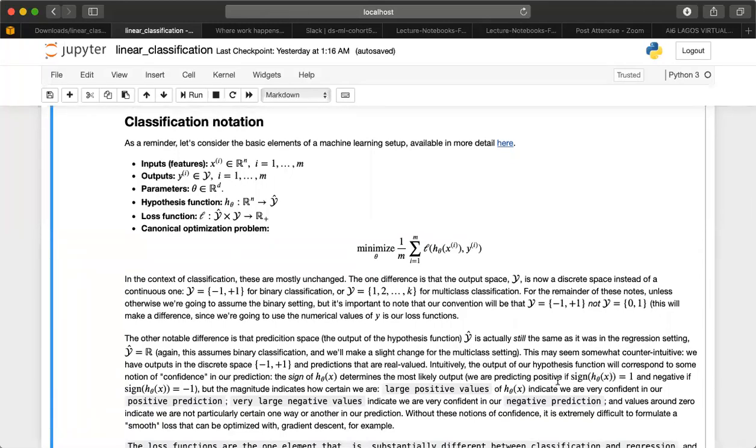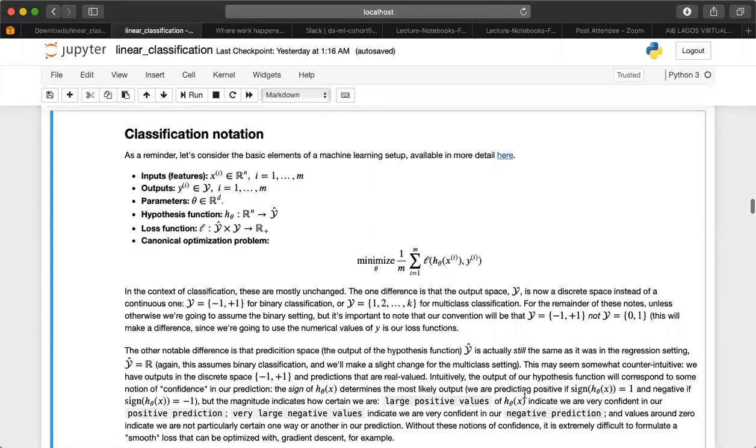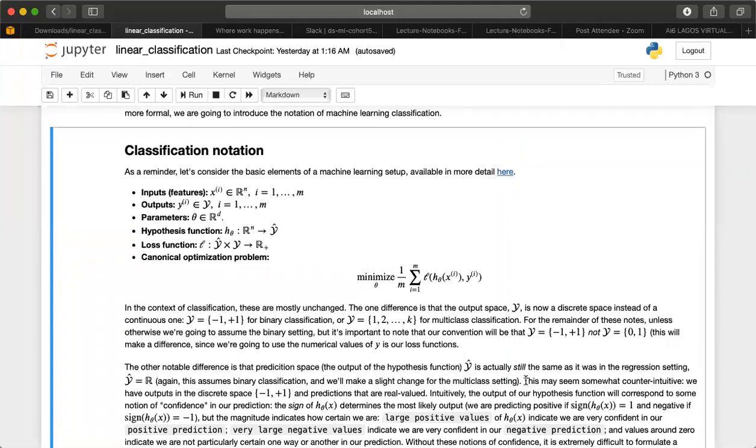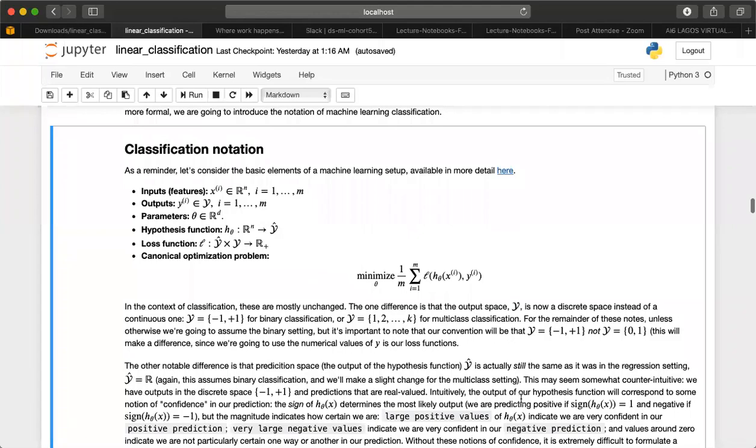Okay, so I'll just read what he wrote here. Remember I said he's going to be using a -1 and 1 range. The other notable difference is that the prediction space is actually still the same as in the regression setting, the real numbers R. This may seem somewhat counterintuitive.